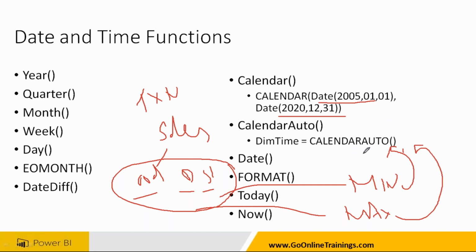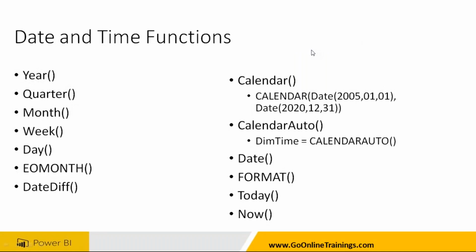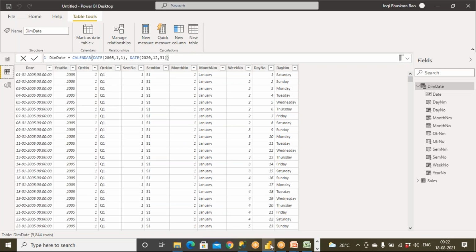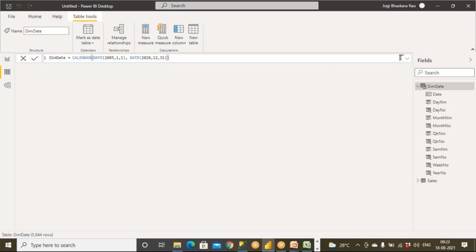We need not supply anything. So this is what is called CALENDARAUTO. Clear? Very important question. So let me create one more table. I have used CALENDAR. This time I would like to create a new table with CALENDARAUTO. Clear?